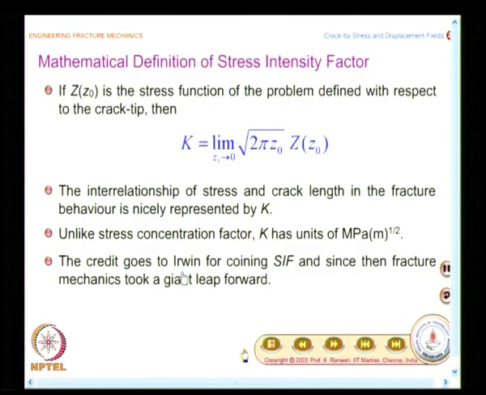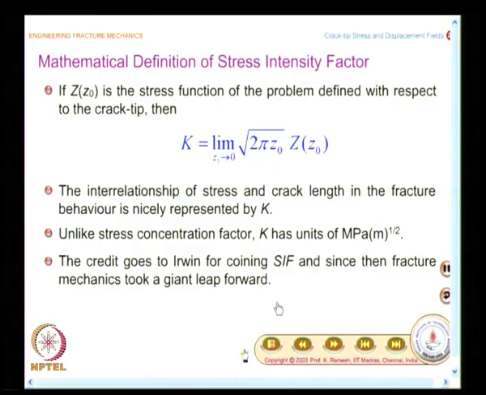Where do you get hurt? When you do the unit conversion from FPS system to SI system, you have to be very careful. If you are not careful, you can get erroneous results. And again we will look at the advantage of the contribution by Irwin. By coining SIF, fracture mechanics took a giant leap forward.